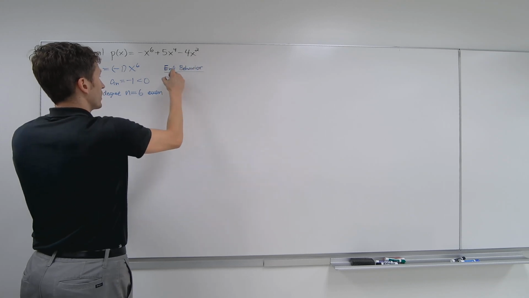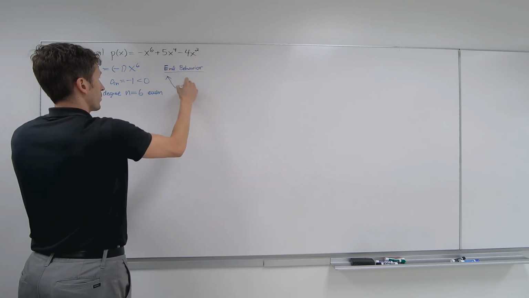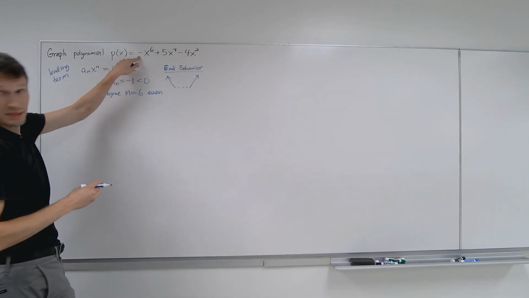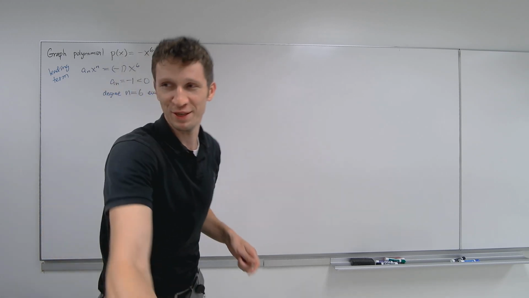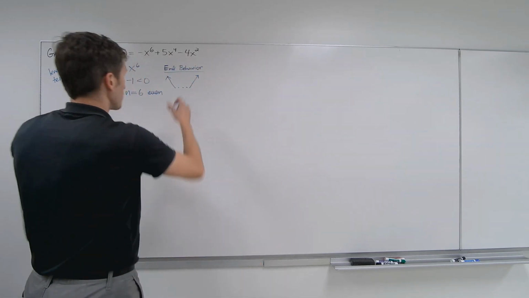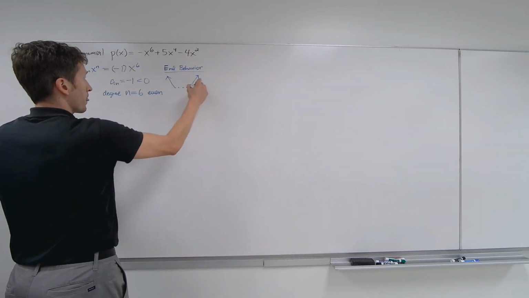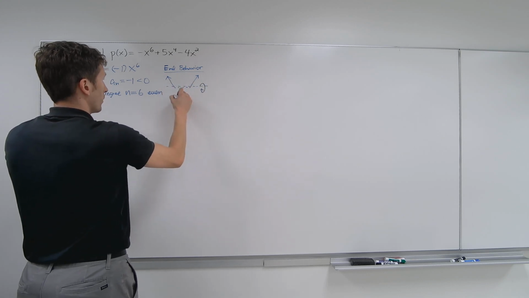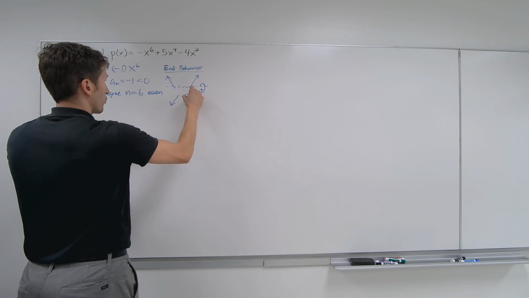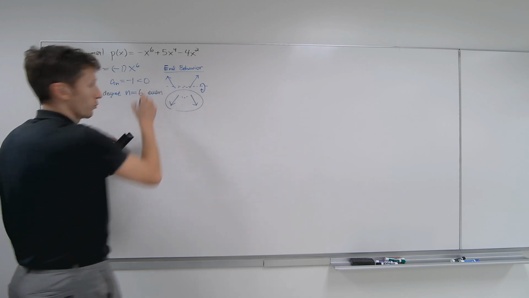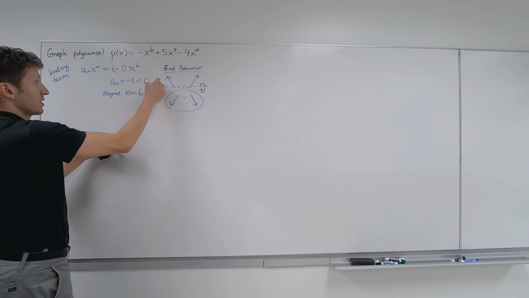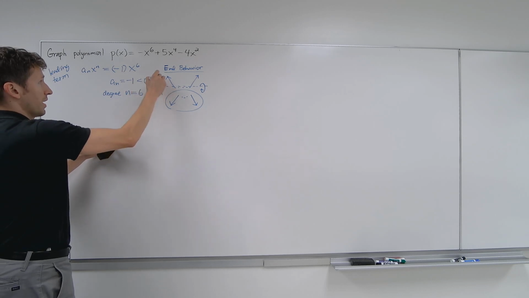End behavior would be like this, pictorially, left up and right up. That's if we had a positive. But actually what happens is the end behavior would be this, but flipped. So it would become left down, right down. That's the one we care about. Even, yes, but then we have the negative giving us this, not that.